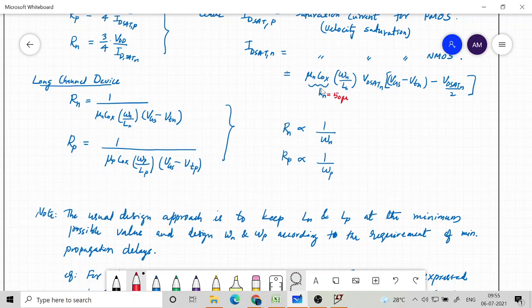Okay, 50 micro. And similarly for PMOS we are taking 25 micro, and the reason is that Cox will be the same for both, but mu n is roughly 2 times mu p, the mobility of holes.